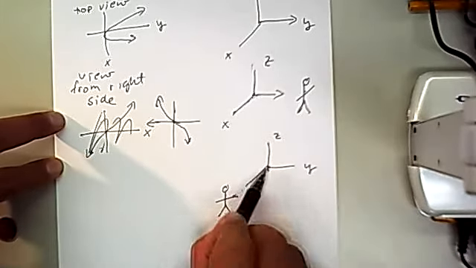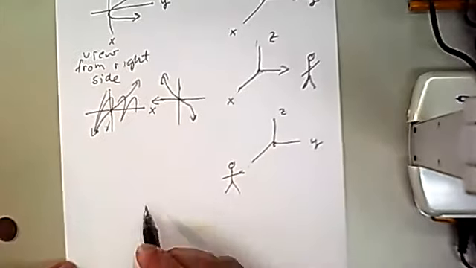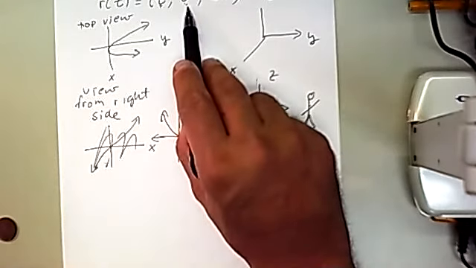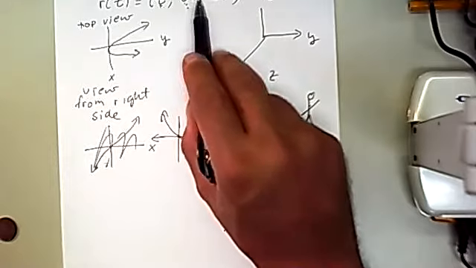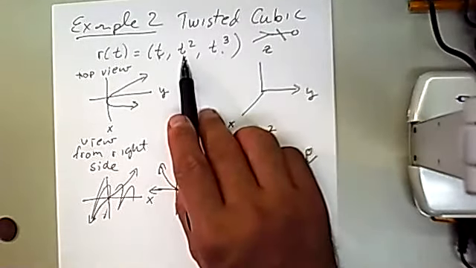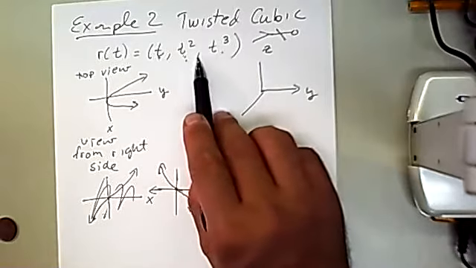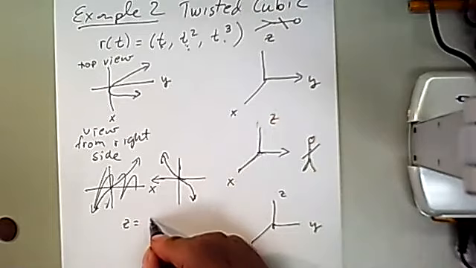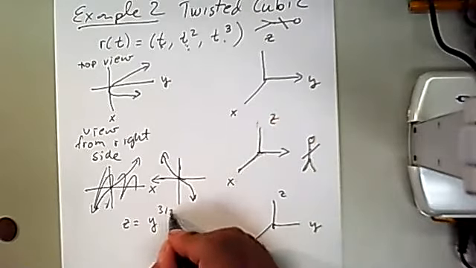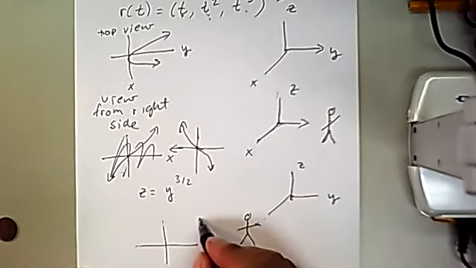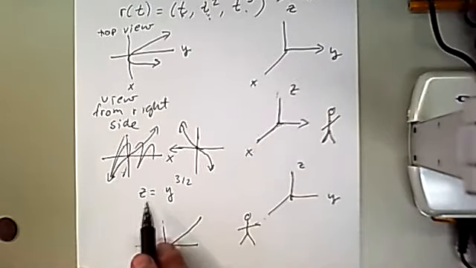So the view from the positive x-axis would be something like x to the 3/2. Yeah, because if you put the t into here, you end up with z equals y to the 3/2.